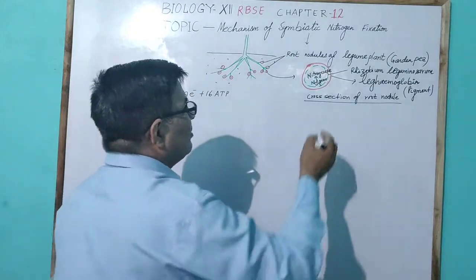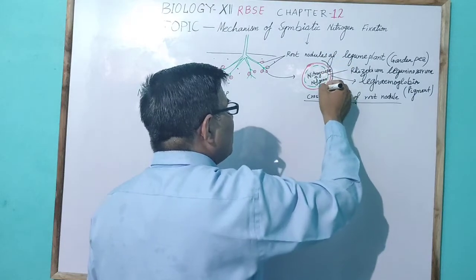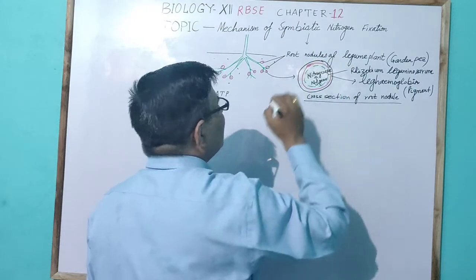Suppose this is the total structure of a root nodule.